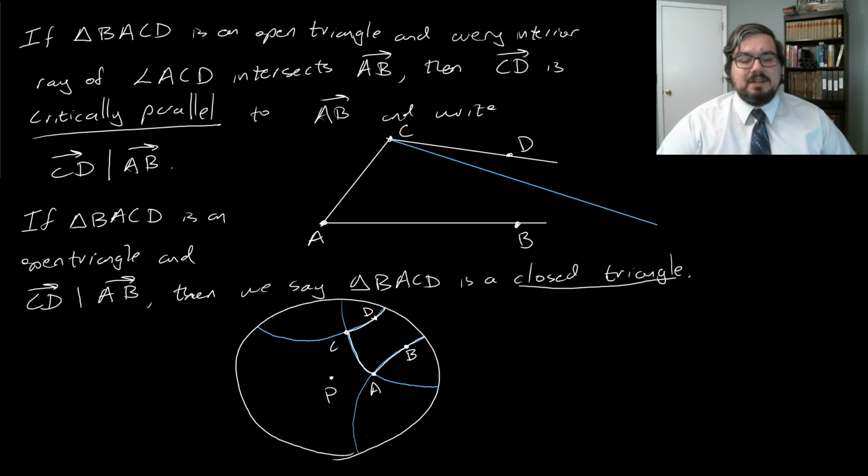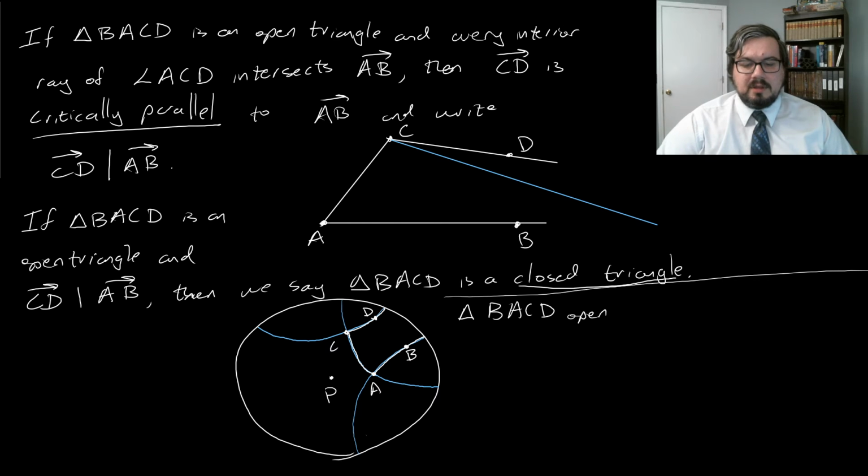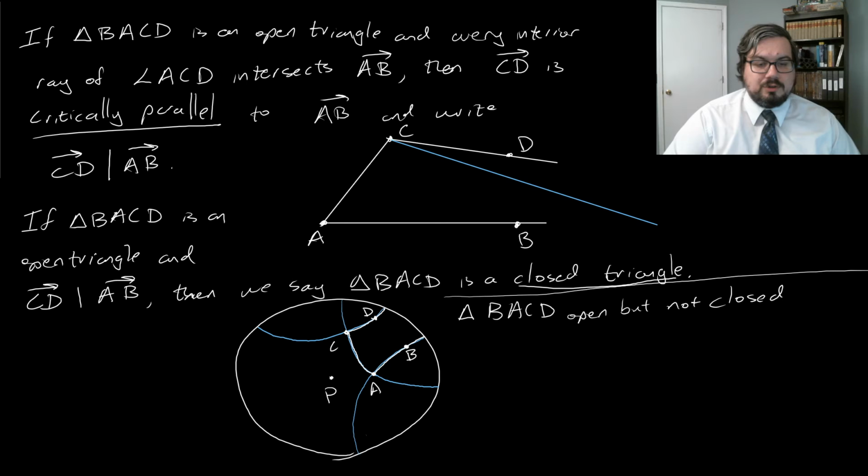Now, in this case, triangle BACD is open but not closed. And I know it's not closed because I could draw in a ray that comes in from C, an interior ray to the angle ACD, but it doesn't intersect the ray AB.